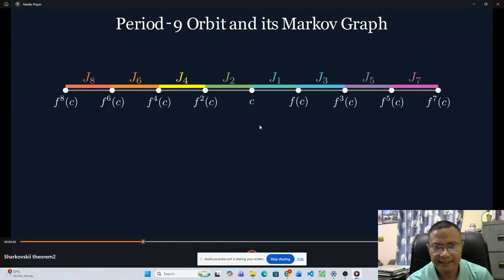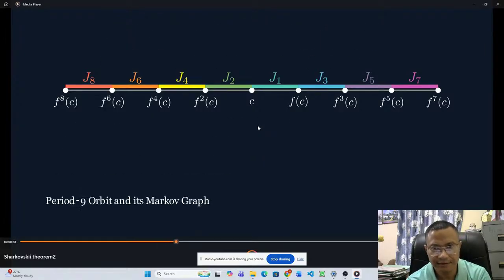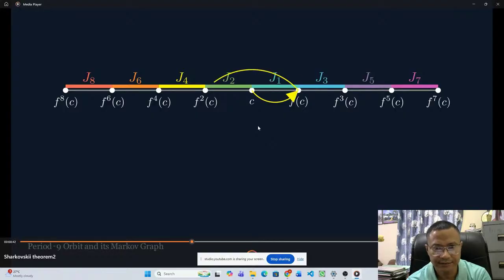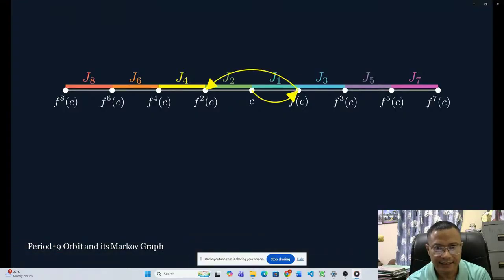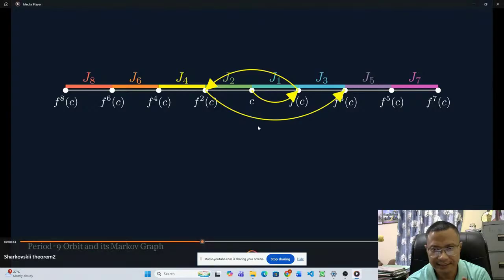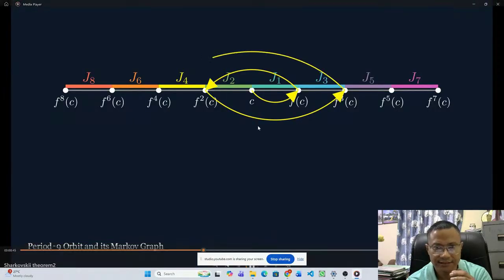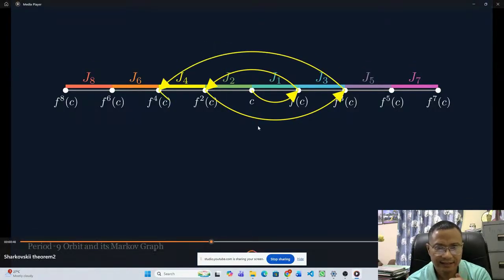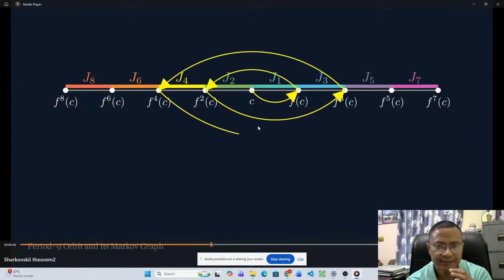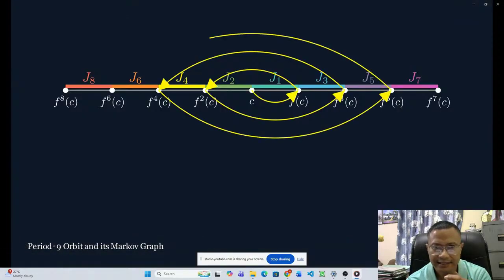If the orbit is in the following form, C goes to f of C, and then f of C goes to f2 of C, and then f2 of C goes to f3 of C, and then f3 of C goes to f4 of C. Then f4 of C goes to f5 of C, like this.